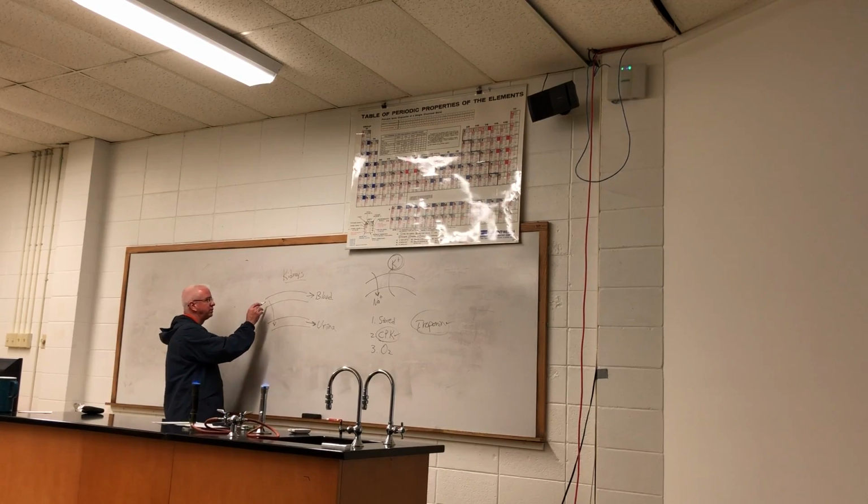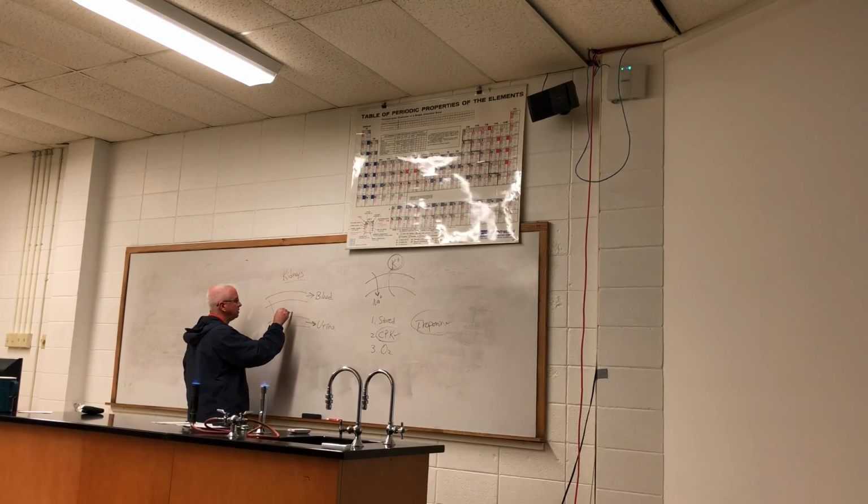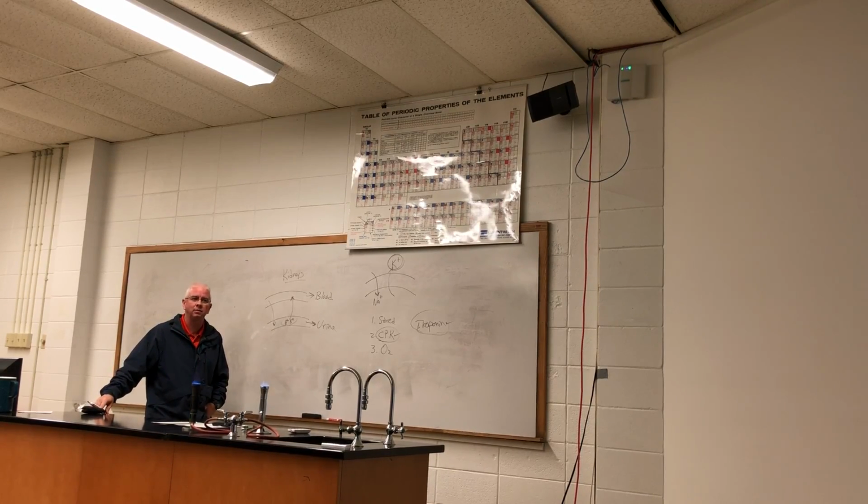But in addition to putting stuff out of the blood and the urine, there is a special mechanism late in the kidney tubule network that puts ions, specifically hydrogen and potassium ions, back in the blood. It's a protein that is capable of transporting hydrogen and potassium.